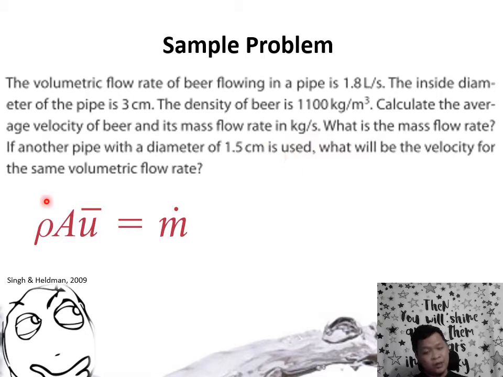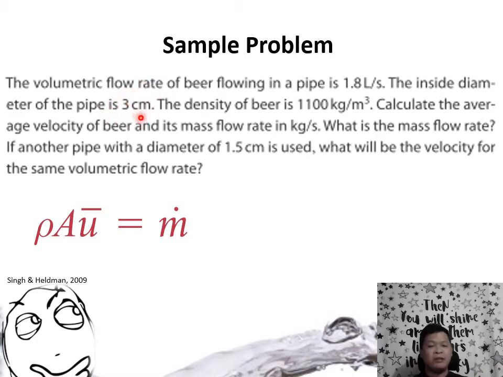So although we do have this equation, take note that you want to find this and this. But you are given volumetric flow rate. So we know that the volumetric flow rate is related to velocity by dividing it by the cross-sectional area, which you could obtain from the inside diameter.